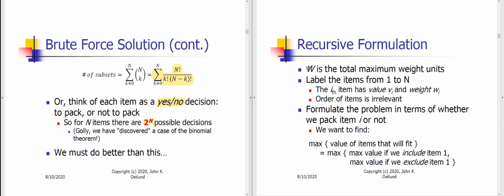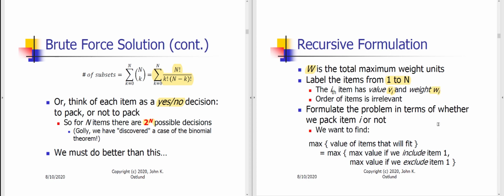If W is the total maximum weight that we're allowed to carry, then we're simply going to label the items from 1 through n, and we're going to assign a value to each of those n items. We also are going to determine the weight that each item has.